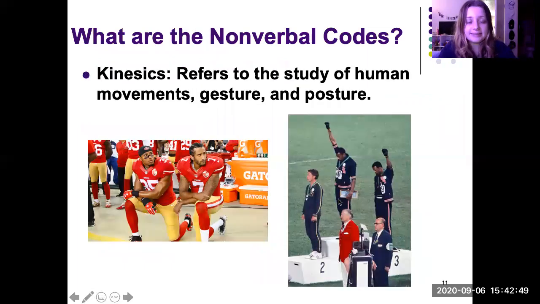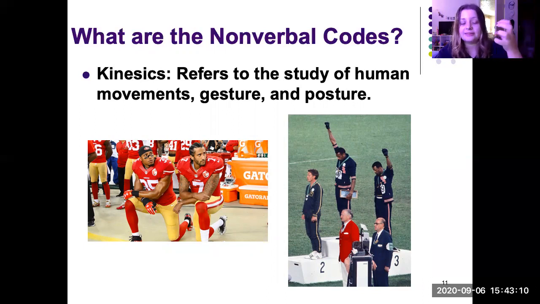And so kinesics refers to human movement, gestures, and postures. The examples they give are of Kaepernick kneeling, and how even though he's just kneeling, we understand that those gestures and body poses have underlying meanings of Black empowerment in a white society.